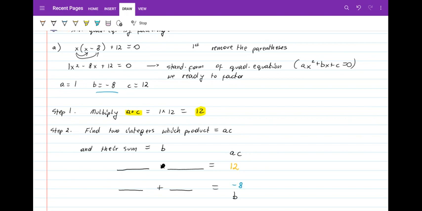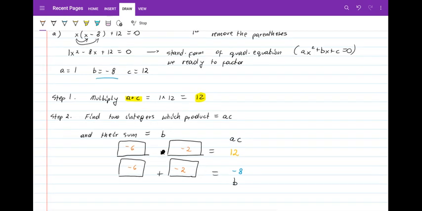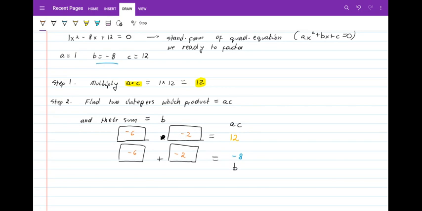So of course, those two integers, they have to be the same. So this is where we have to start checking what's going to work. Here, negative 6 and negative 2 will work. So negative 6 times negative 2, 12, and negative 6 plus negative 2, we're getting negative 8.